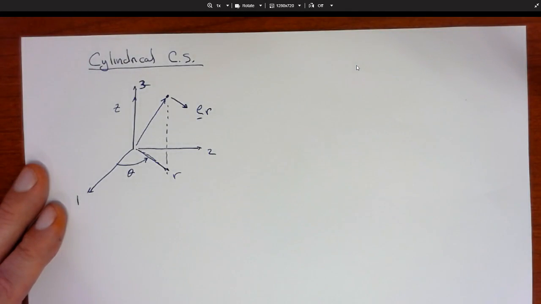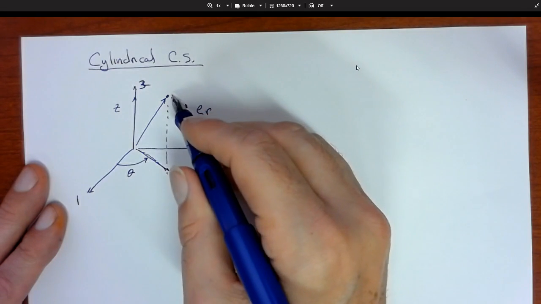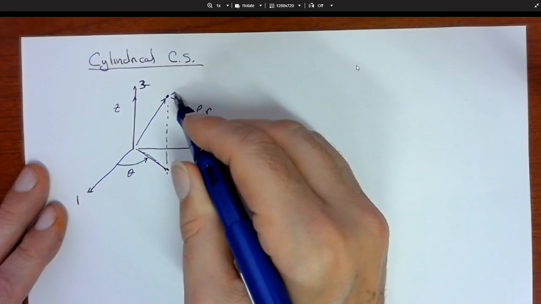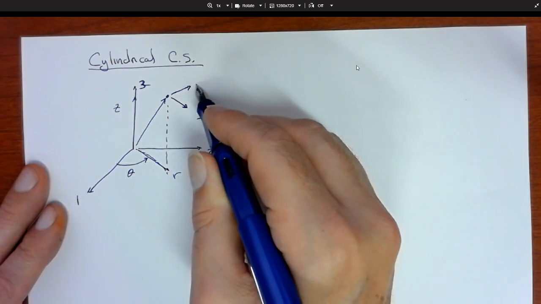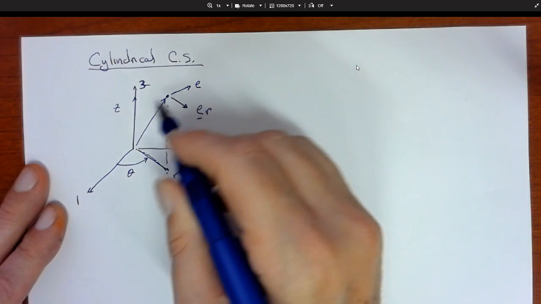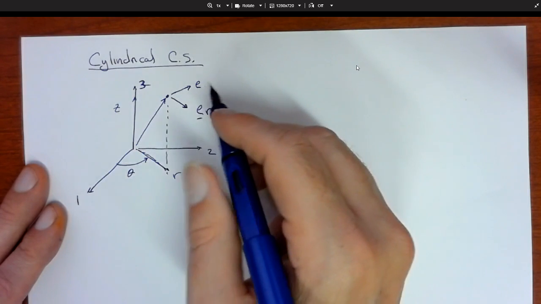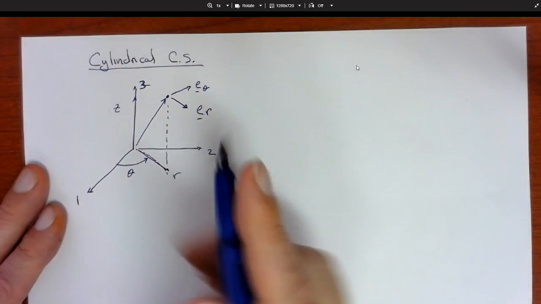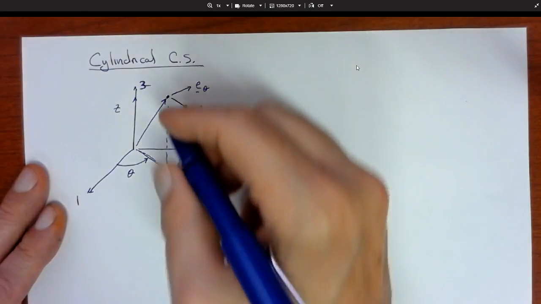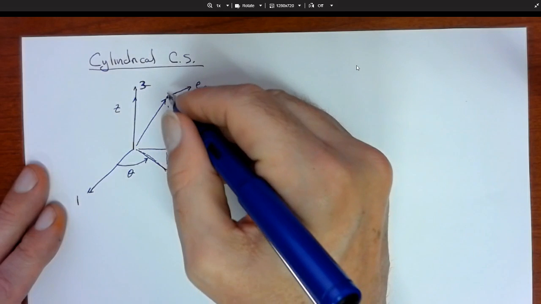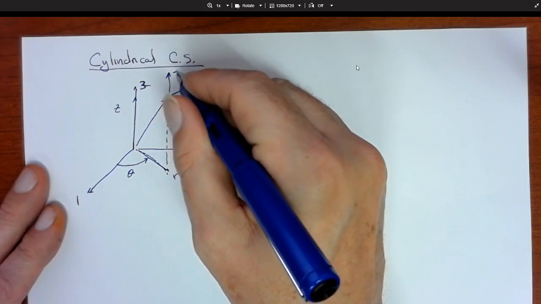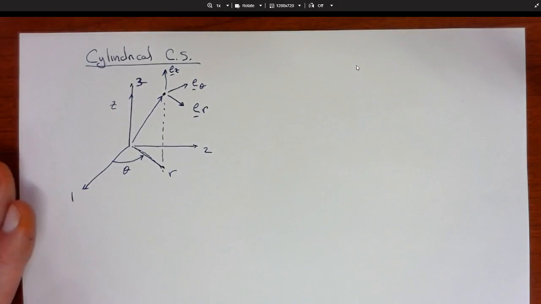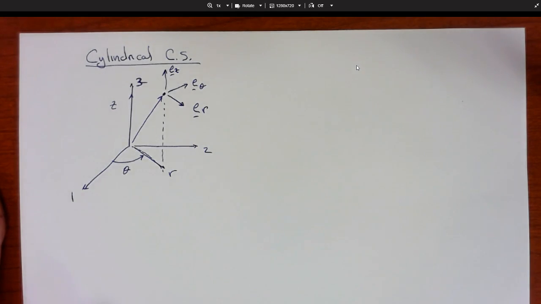Then perpendicular to that, and also perpendicular to the 3 direction, you have a theta component, directed such that as we increase theta, it moves in the theta direction, and finally a unit vector in the z direction. But the important thing to notice is that their orientations do change as we change position.